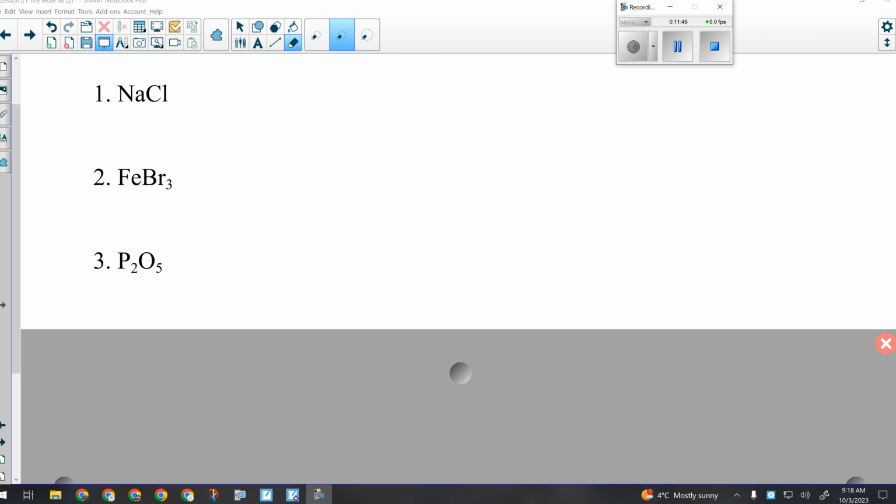All right, so if I want to calculate the molar mass of sodium chloride, how many sodiums are in this molecule? One. Okay, so I take the atomic mass of sodium, 22.99 grams per mole, and I add it to how many chlorines? One.